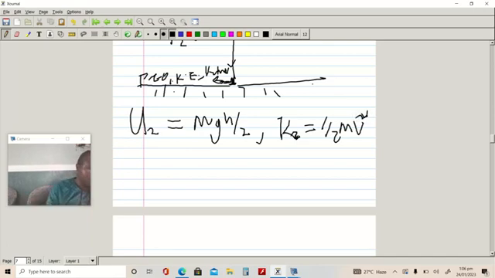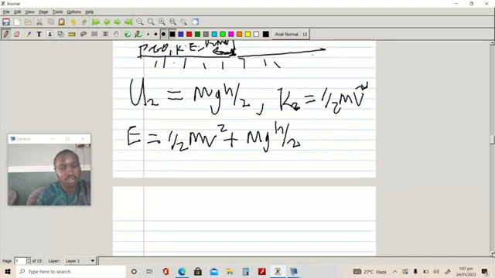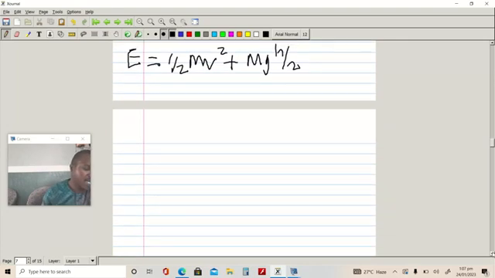So the total energy at this position, E, is given as half mv squared plus mg(h/2). That forms our E total.